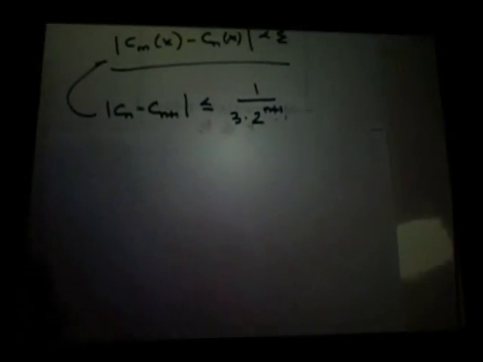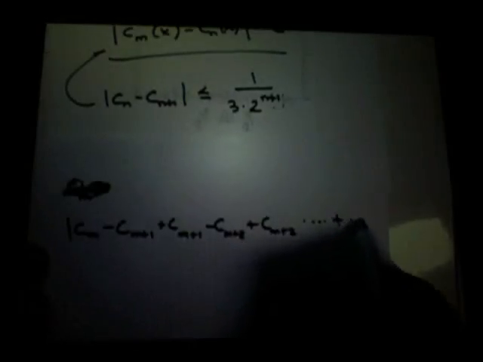Okay. If you need to show the Cauchy condition, and you have the condition between two adjacent values, what do you suppose you do? You can do the C_m of x. Let me drop the x's. There's no x over here, so this is uniform for all x on [a, b].